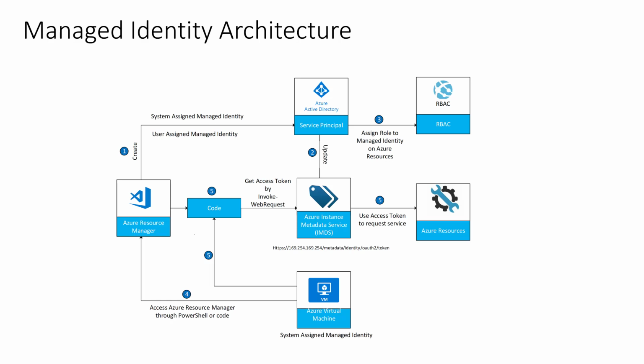And the next layer that I mentioned earlier: when you create this managed identity, Azure Active Directory also updates the Azure Instance Metadata Service. The URL is given here with the 169.254.169.254 IP address. That is your REST endpoint that is accessible to your different services.